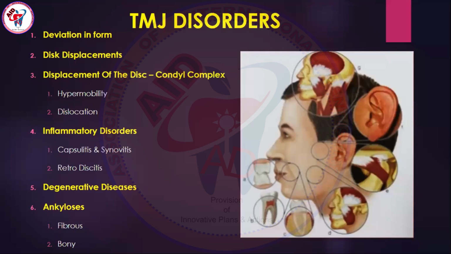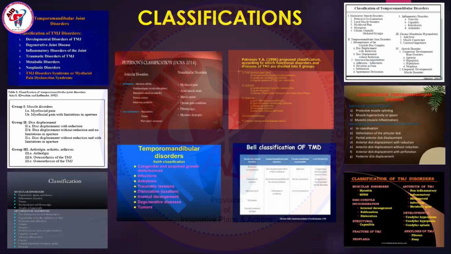Ladies and gentlemen, when we talk of the classification of temporomandibular joint diseases, and you go to the net and search for different research papers and presentations, you will see there are so many classifications given, from approximately 2011 or 2013 to the present age, by Peterson in 2014.